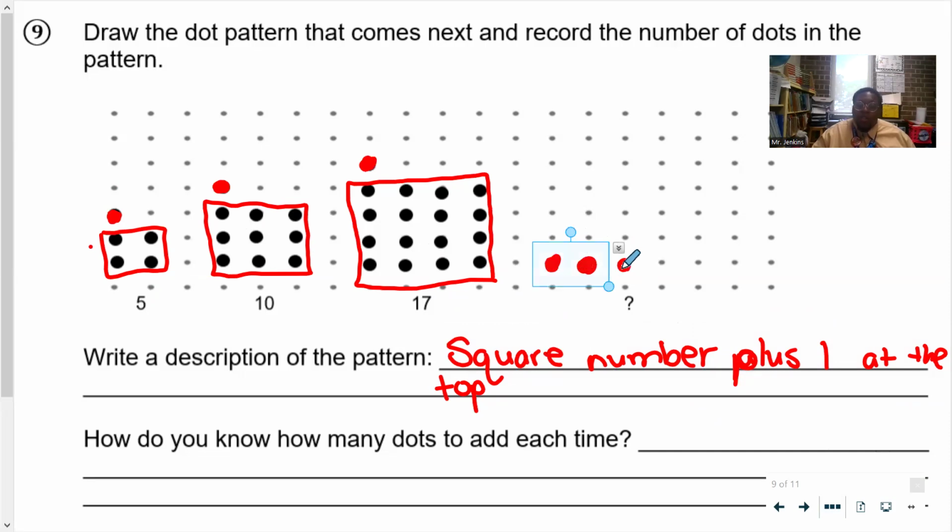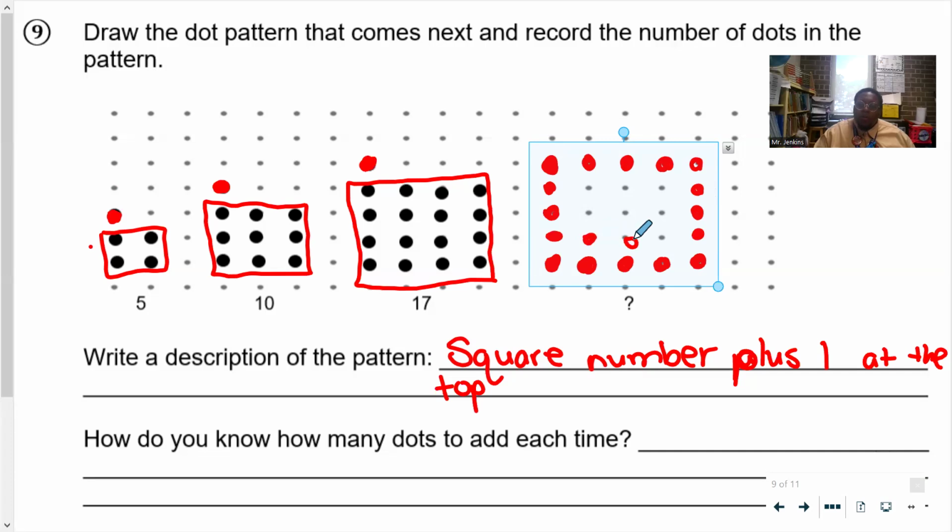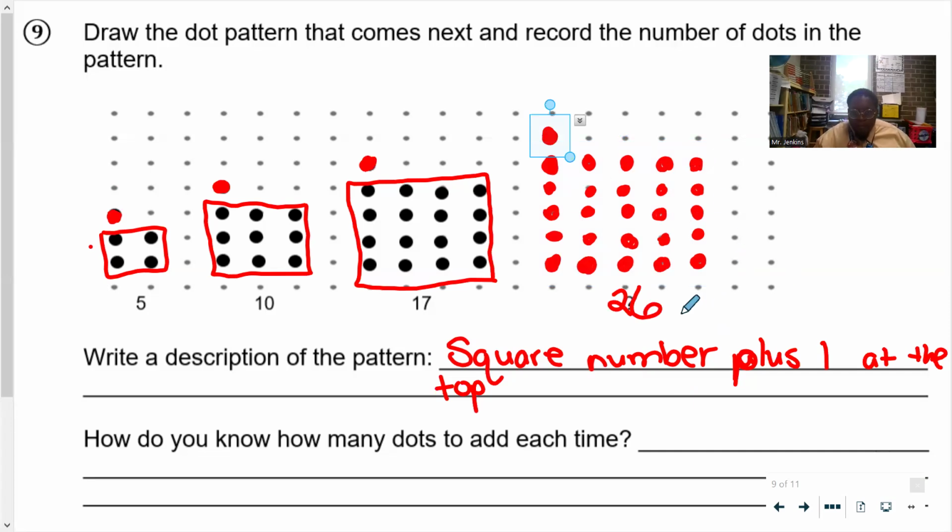So 5 squared, that's 5 rows and 5 columns. 5 times 5 is 25. And then after you do that, please don't forget to fill in. Don't be lazy. Fill in your shapes. All right, 5 times 5 is 25. And then you're going to add one more at the top to give you 26. That's the next problem in your pattern.